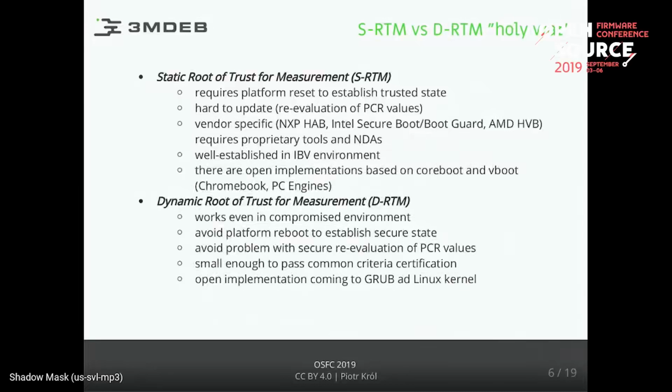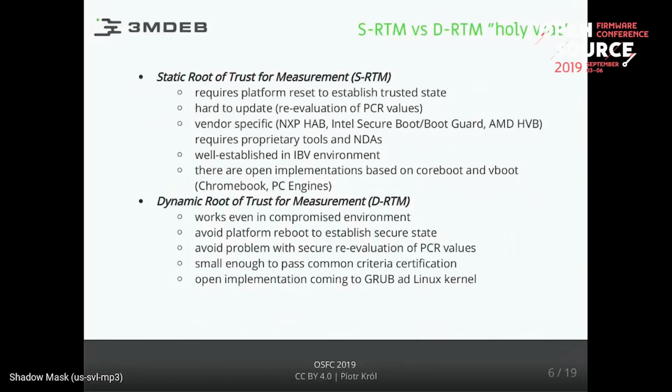Dynamic root of trust for measurement in theory works even in a compromised environment. We don't really care about what happens before the instruction that establishes dynamic root of trust, so we don't have to reboot to establish that.